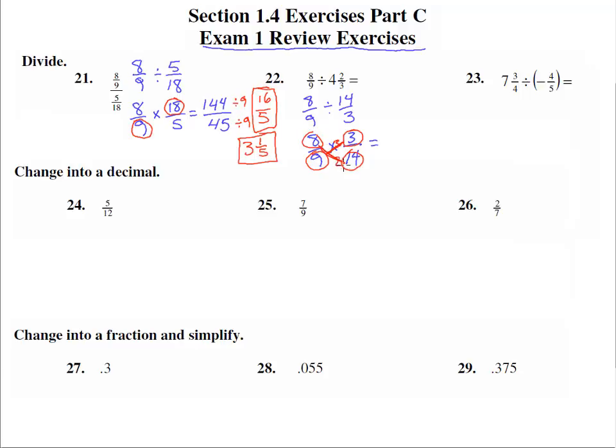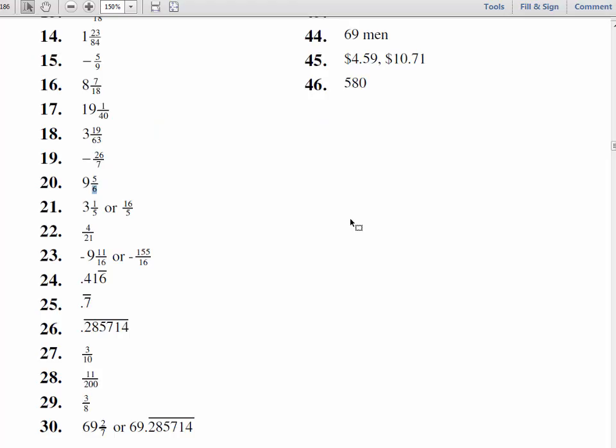So we've got a 2 that'll come out at the end. So it'll be a 6 that we can simplify by. 8 times 3 is 24. And 9 times 14 is 126. And if we divide both by 6, top by 6 is 4, and that divided by 6 is 21. So we get 4/21.